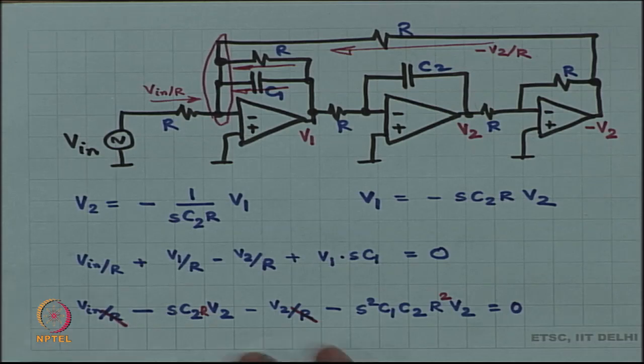Okay. And next what do you do? You compile all the V 2s together.